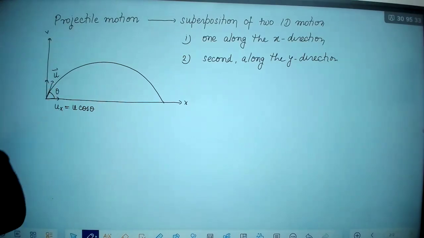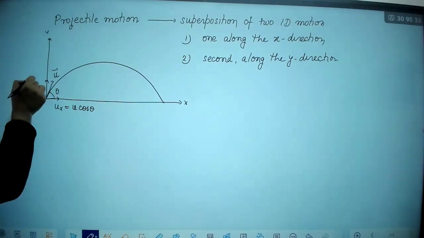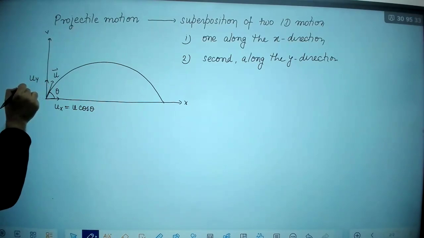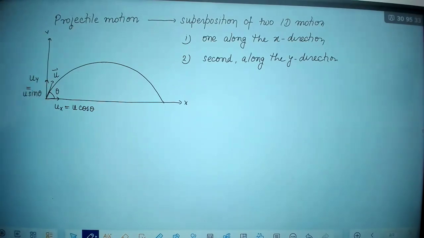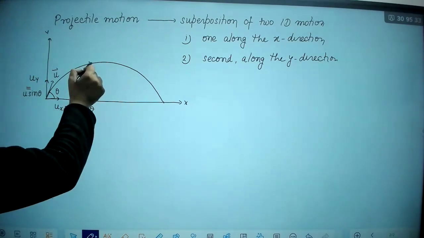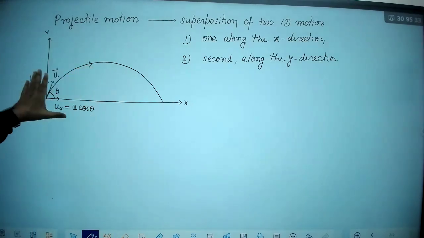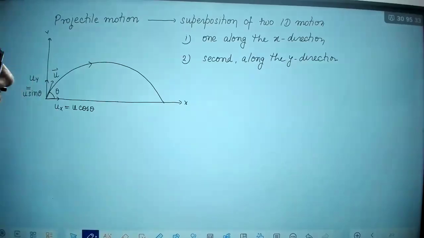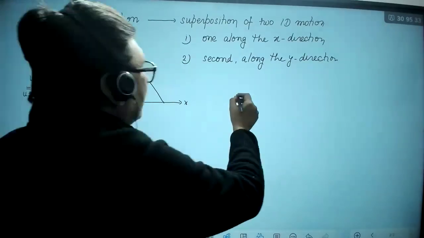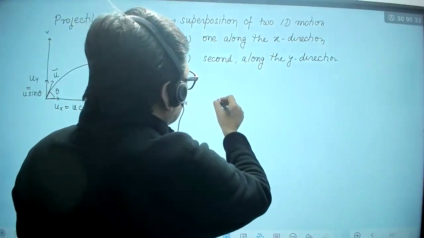And this vertical component, you call it Uy, and this is U sine theta. So this is Ux and Uy. Now, how can you consider it as a superposition of two different 1D motions? First motion I can consider like this.